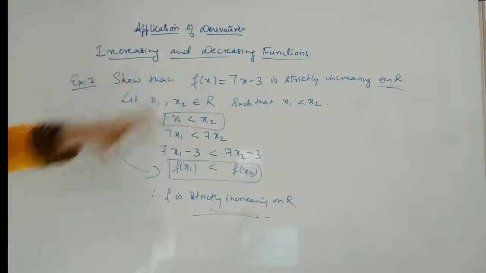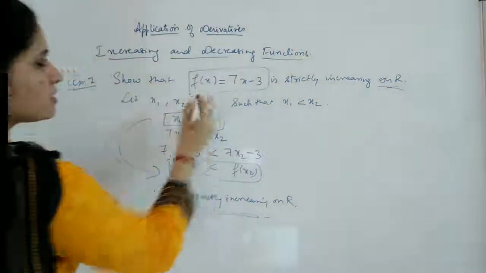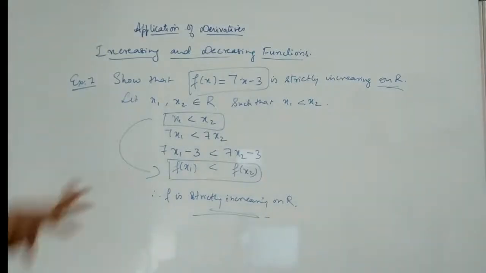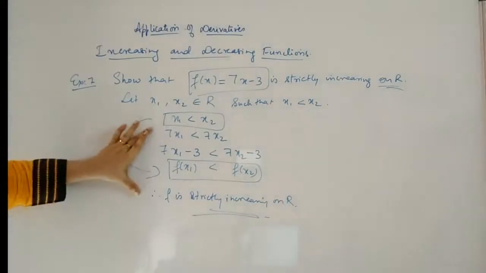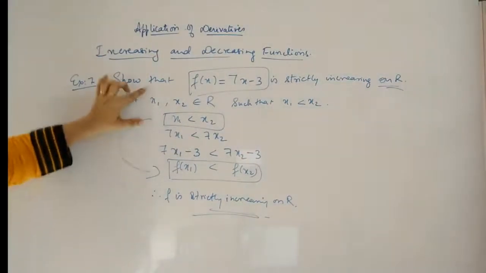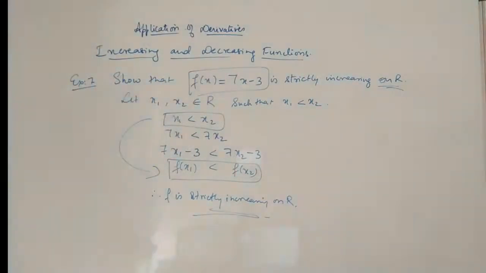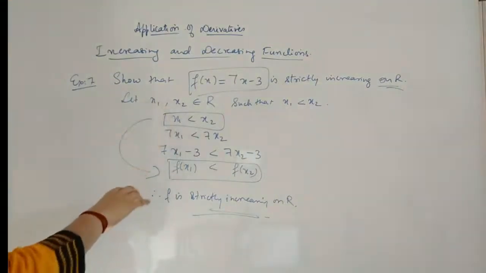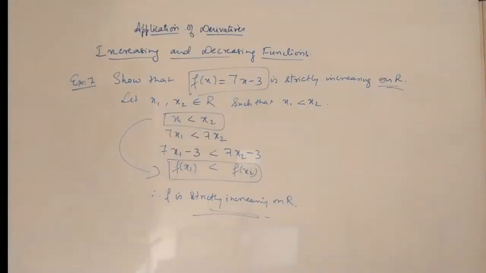You have to just reach the function if you are using this definition, not using the derivative. That I will tell you later. So this is the method to check whether the function is increasing or decreasing. If you have a negative sign to be multiplied, then the inequality will get reversed. At that time it will give you the decreasing thing, okay.